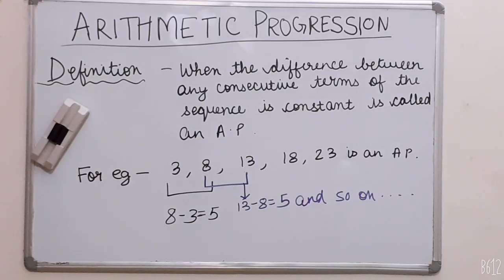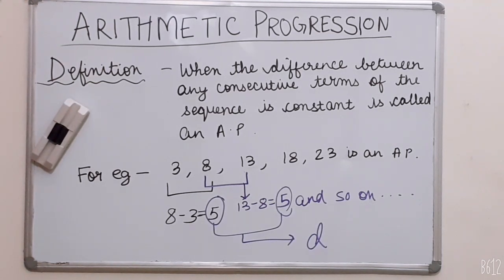So let's start with arithmetic progression. Here the definition says when the difference between any two consecutive terms of the sequence is constant, it is called an AP. So if you see the example on the board, you will observe that there is a constant addition of the number 5 or the difference between the consecutive terms is constant.